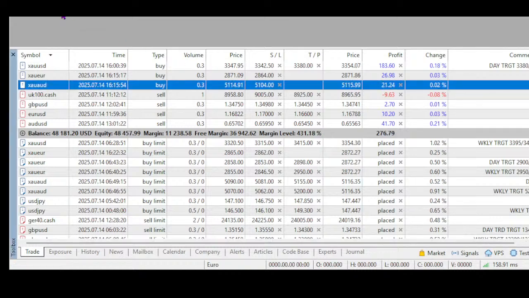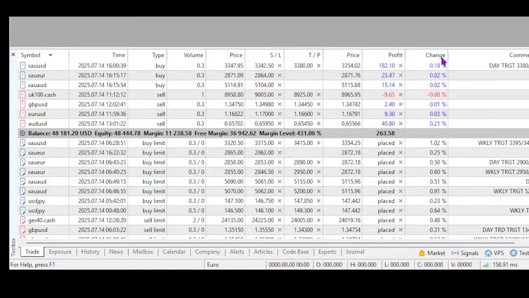Then we are going for another entry, which is 5107, and for that we will put a stop at 5103.